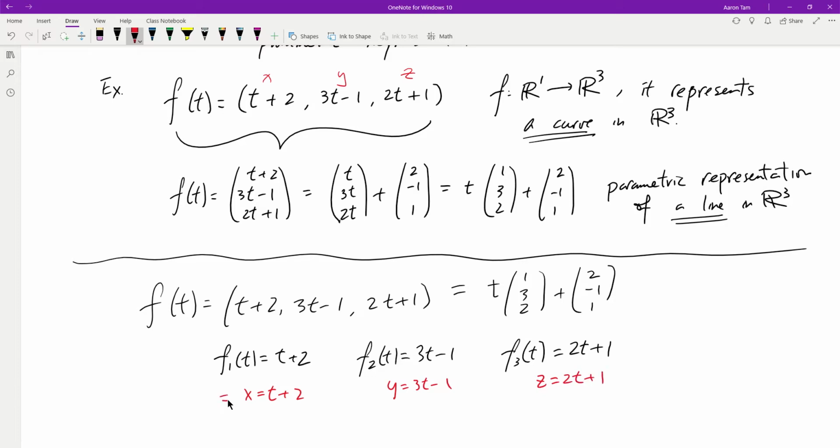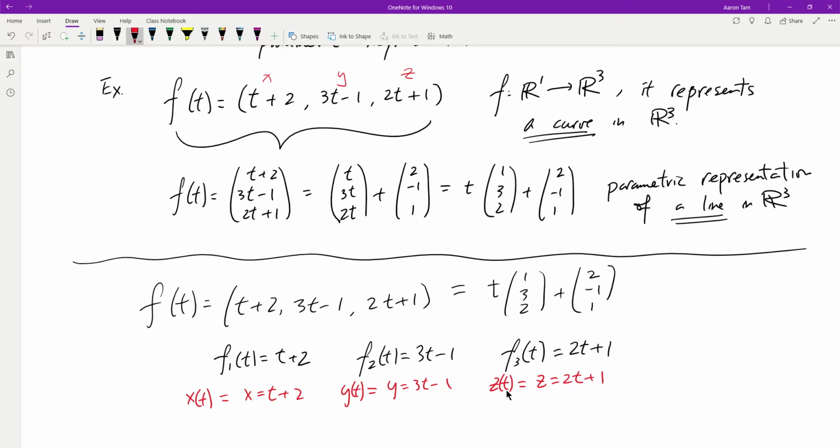In some cases you might write this as x of t, y of t, z of t. But sometimes you just simply write x, y, z instead. Now, is there a functional difference between writing x versus x of t? Mathematically speaking, not really, but it's a matter of interpretation.